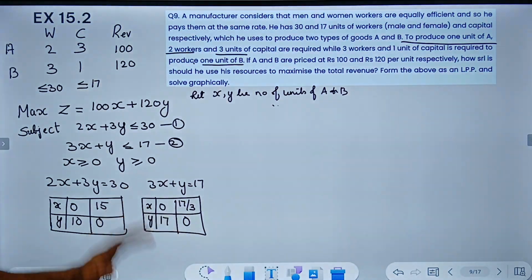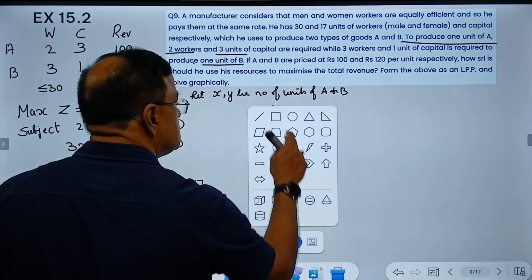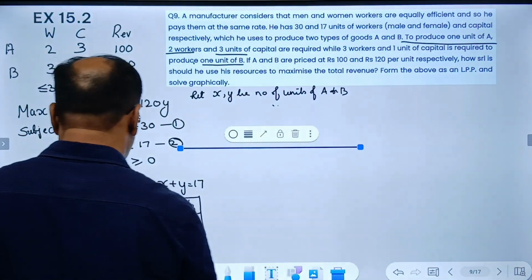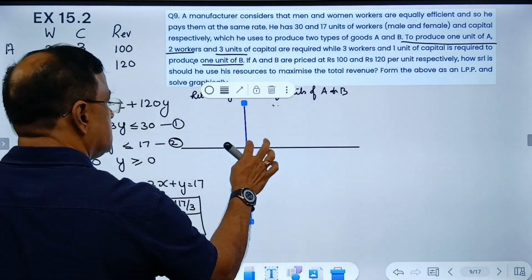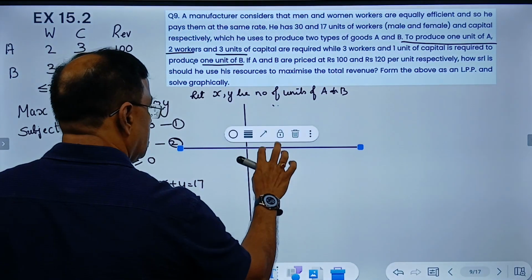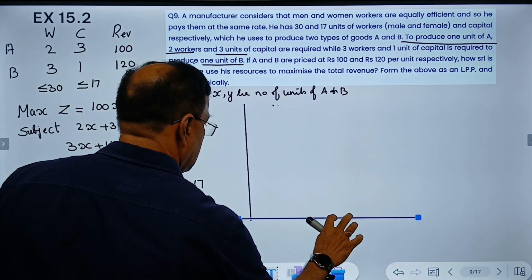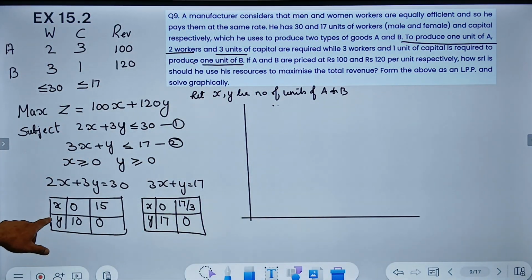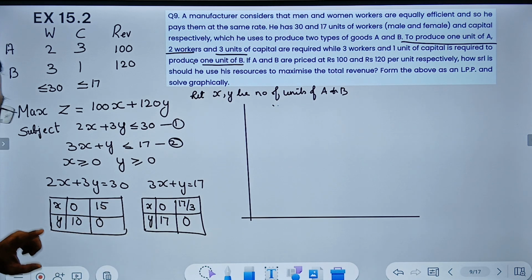Now I am going to draw the graph. Now how do I draw the graph? For that I'll take a straight line first. Let's make it clear. Copy, paste. This is my x-axis and y-axis. Now the maximum value of x is 15 and maximum value of y is 10.